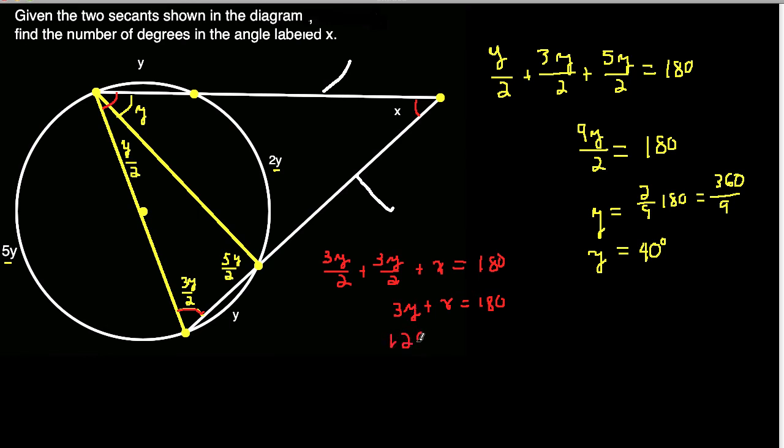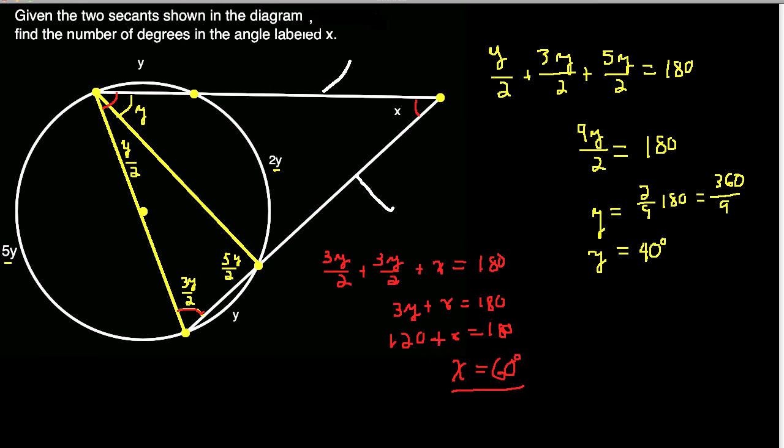So I have 120 plus x equals 180. Subtract 120 from both sides, and I get x is equal to 60 degrees. So that's the measure of angle x.